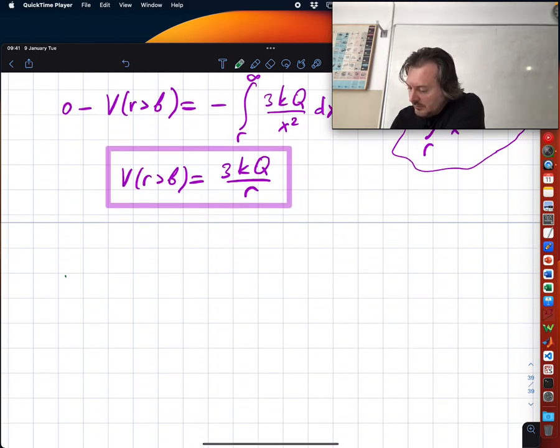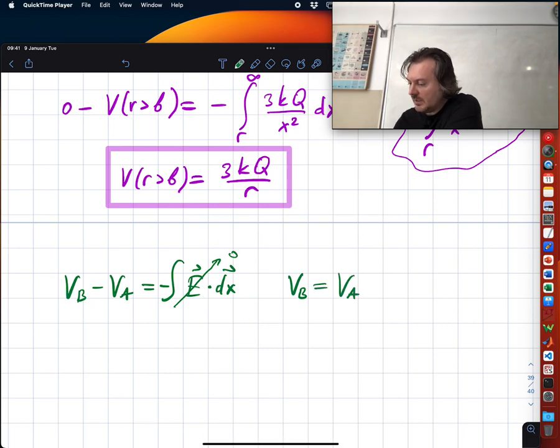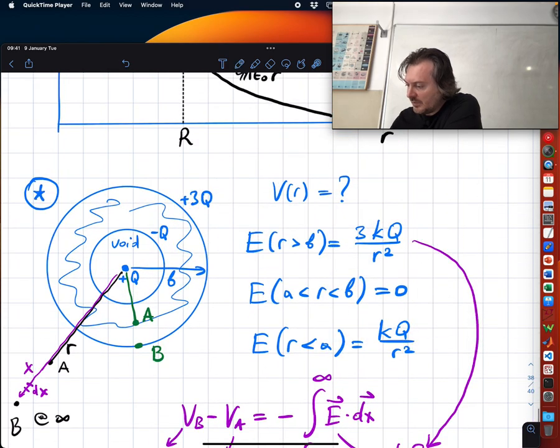So VB minus VA is the integral of E dot dl, with a negative sign, but it doesn't matter because this is 0. So inside VB is equal to VA, meaning that the potential at any point inside is equal to the potential right at the surface.